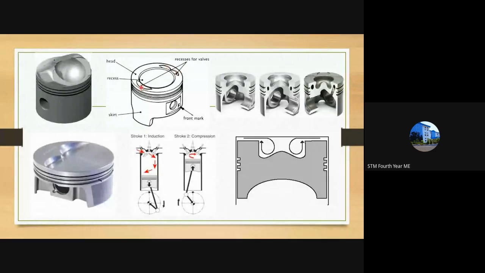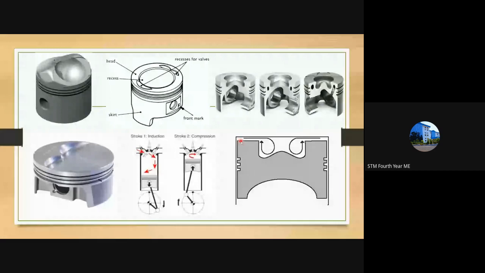Another importance of this cavity is that, as I told you, there is a clearance volume. If this is the top of the engine or the engine head, the piston can only come up to this point, and there is a small clearance here.